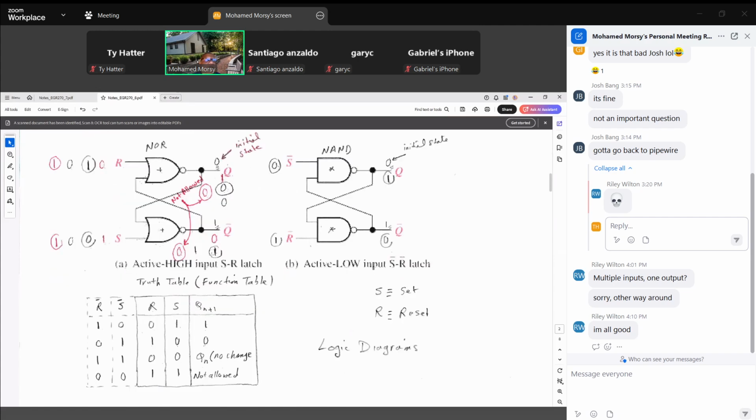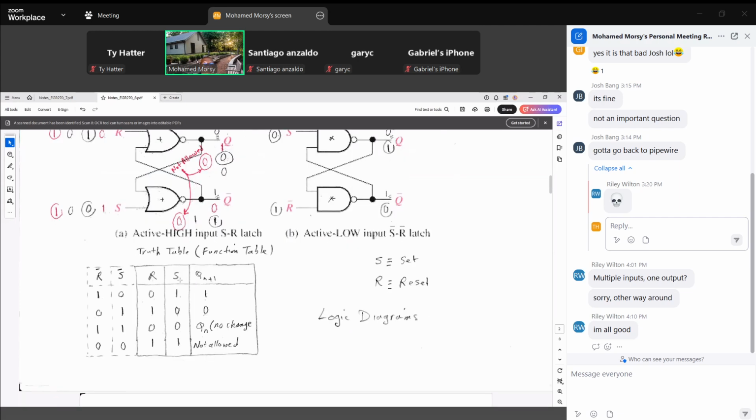So what is the truth table for this latch? We have two inputs, S and R. S stands for set, and R stands for reset. If you follow me and focus with me, it will be easy to understand, so please don't be busy with something else.